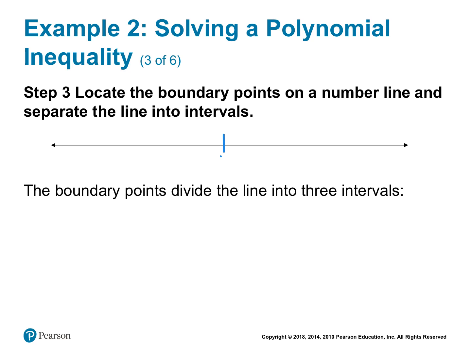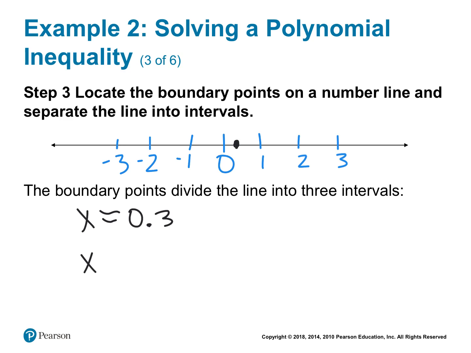Okay, so if I make a number line here, so we had x is about 0.3, so that'd be right here, and x was about negative 0.8, which is right here.